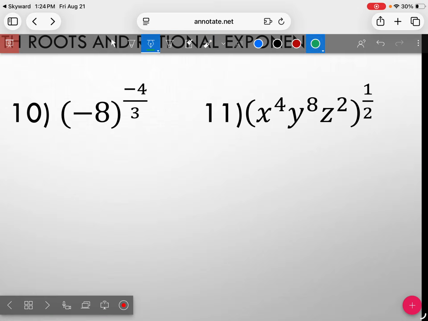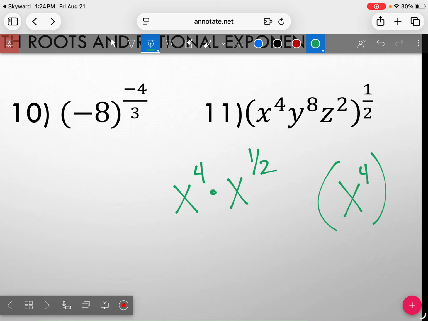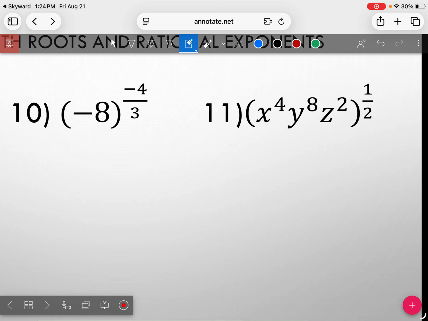I would add it if it was x to the 4th times x to the 1/2. That's addition. But this is x to the 4th to the power of 1/2. So that's not addition. What do we think it would be? Multiplication. This is multiplying. I think it's called power of a power.